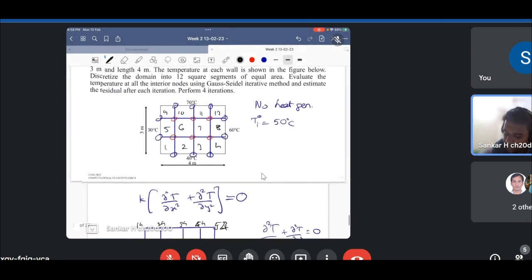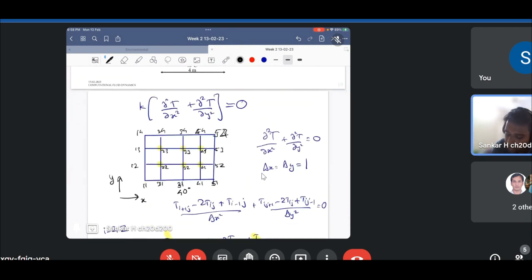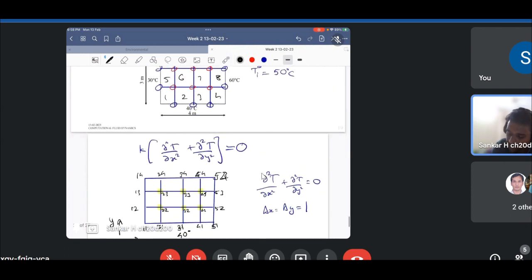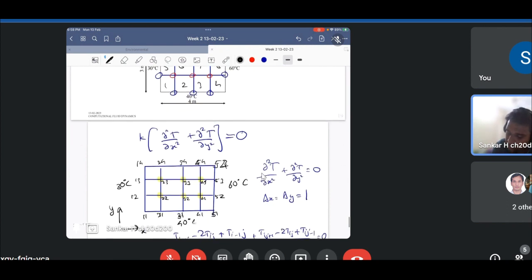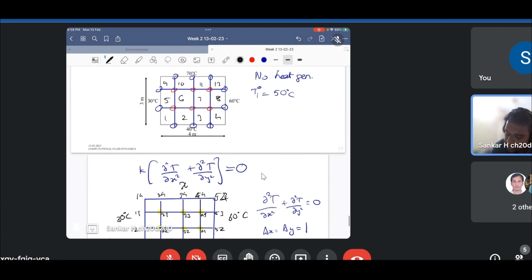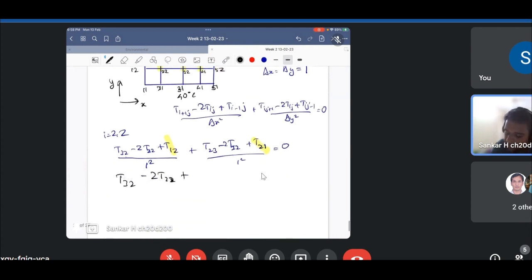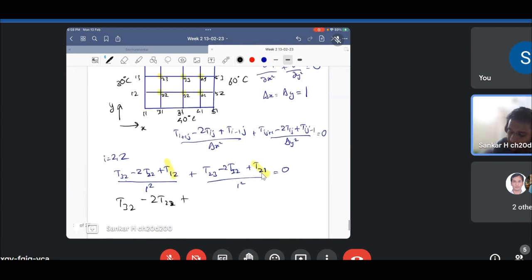In the question, the bottom is at 40 degrees, the left side is 30 degrees, the right side is 60 degrees, and the top is 70 degrees Celsius. So T12 would be 30, plus T23 minus 2 T22 plus T21, which would be 40, should be equal to 0.